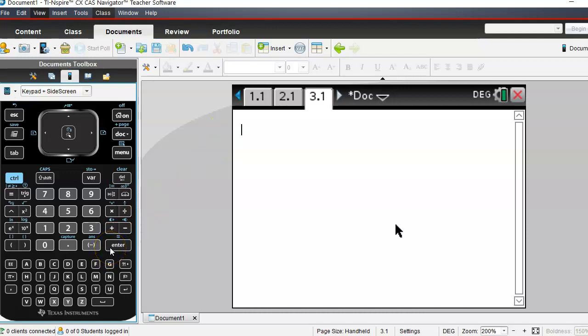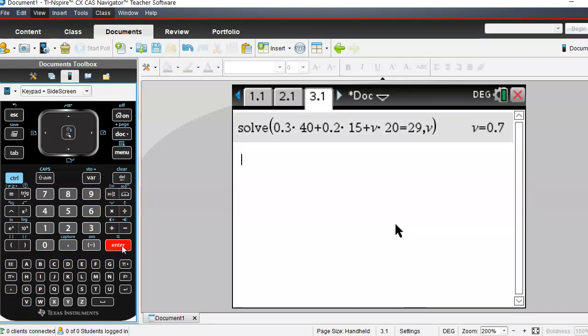So let's put in solve. 0.3 times 40 plus 0.2 times 15 plus v times 20 equals 29, and I'm solving for v.